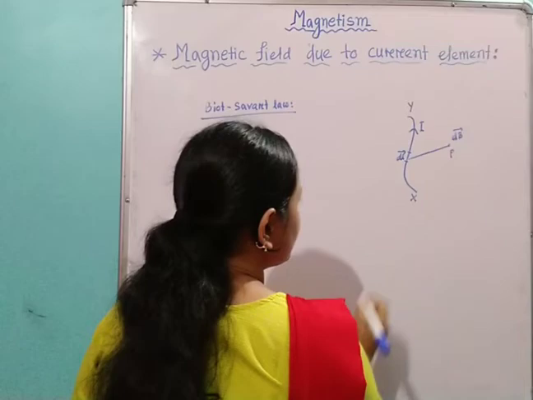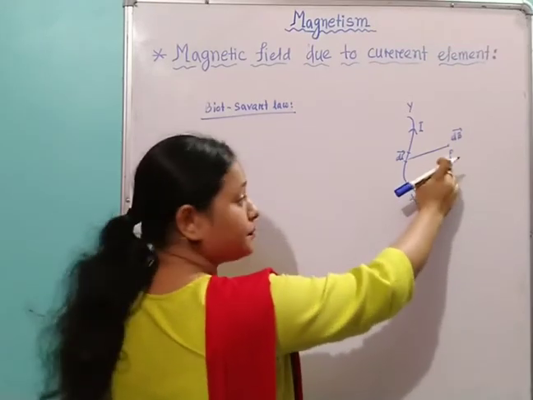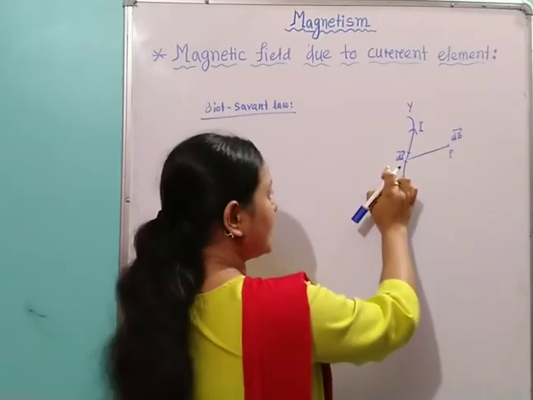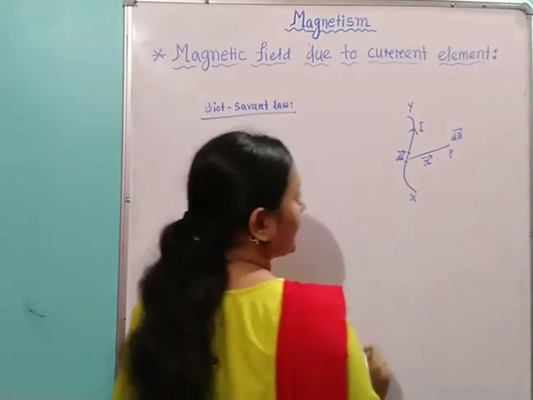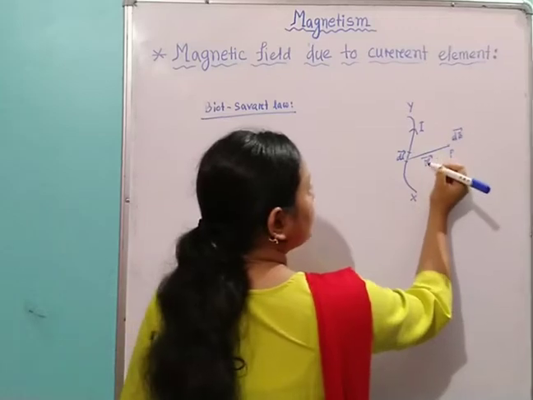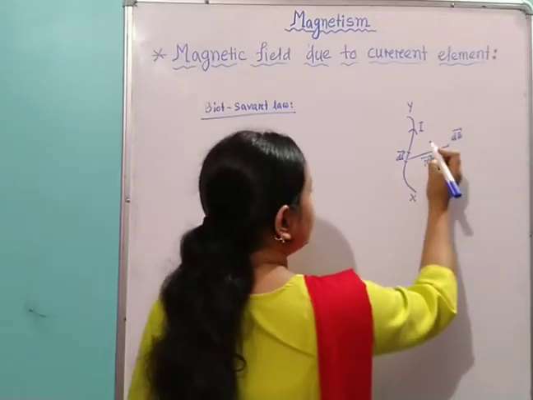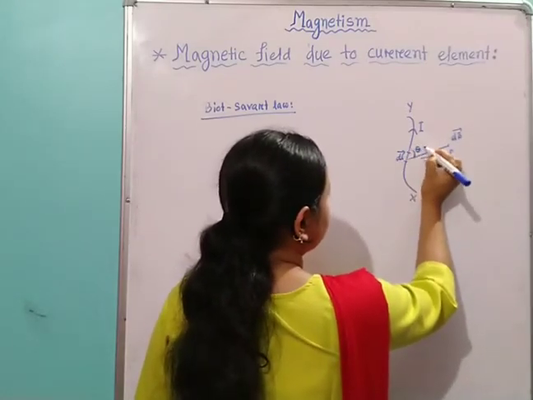Let the position vector of the point P from this length element be r, and the angle between the position vector r and dl is theta.